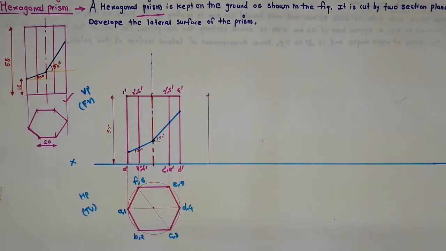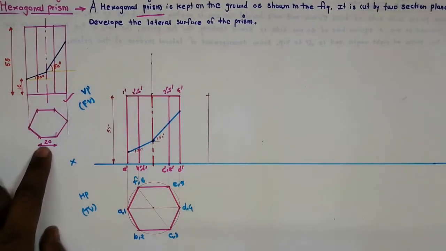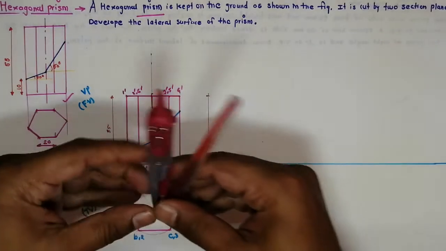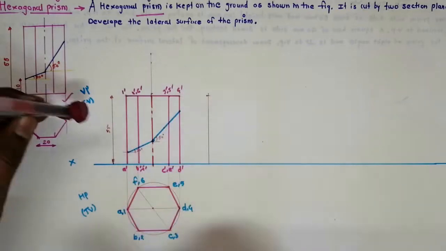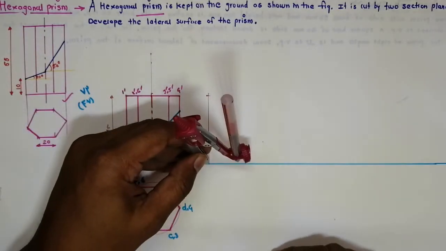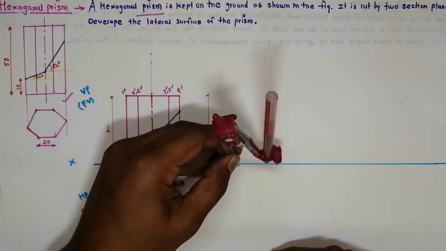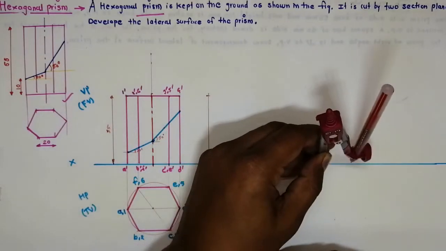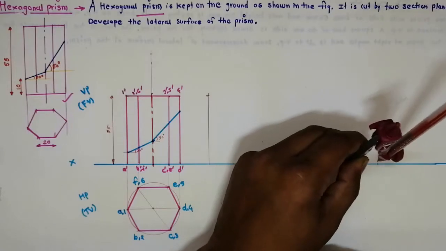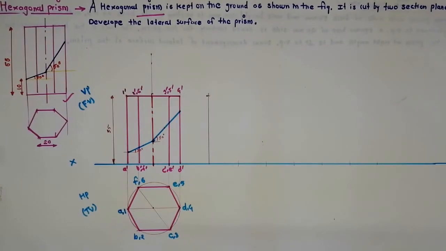It is a hexagon, so 6 multiplied by 20, so 120. Take the side distance in the compass, so this is 20 mm. Since this is a hexagon, we get 6 rectangles. So this is 1, here 2, 3, 4, 5 and 6. So we have drawn here 6 rectangles.